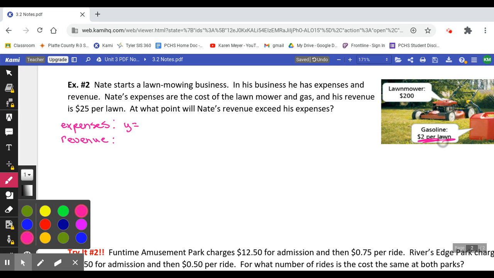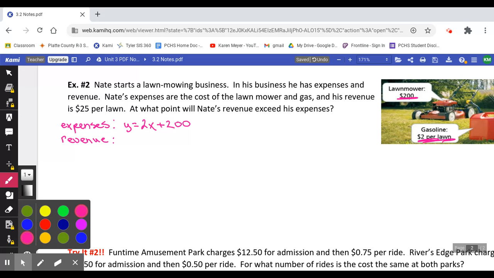And for gas, do you see that it says it takes $2 per yard? So that one is your slope because that's repeated over and over. And then the cost of the lawnmower is the starting point because that's how much you got to fork out at the beginning. So plus 200.